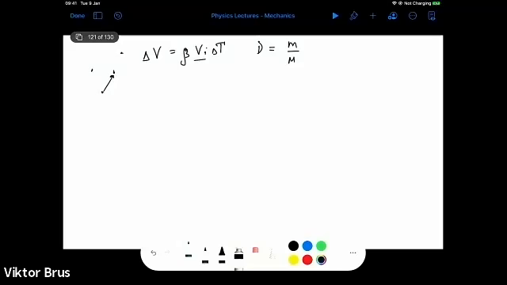Molecular mass is defined as the atomic number of a chemical element in grams per mole. So it's measured in molecular mass units, grams per mole.